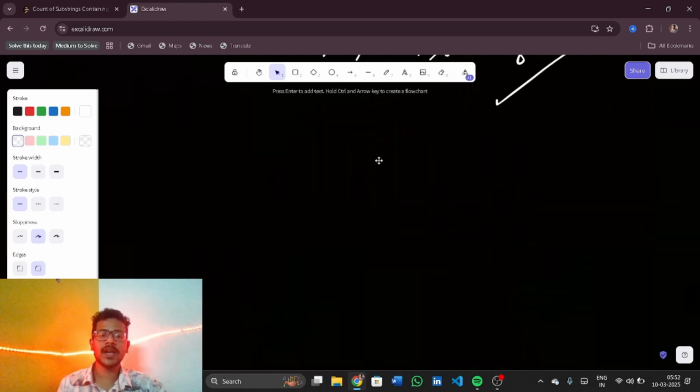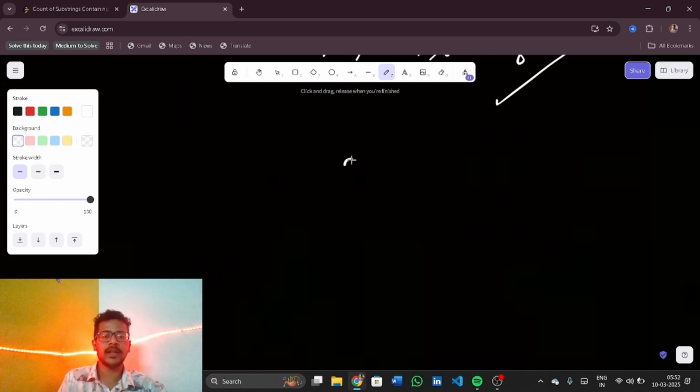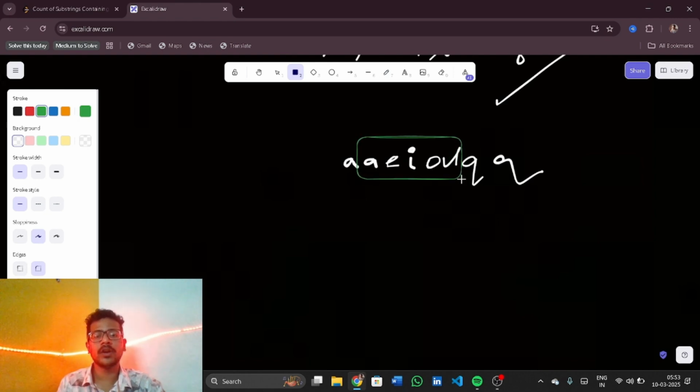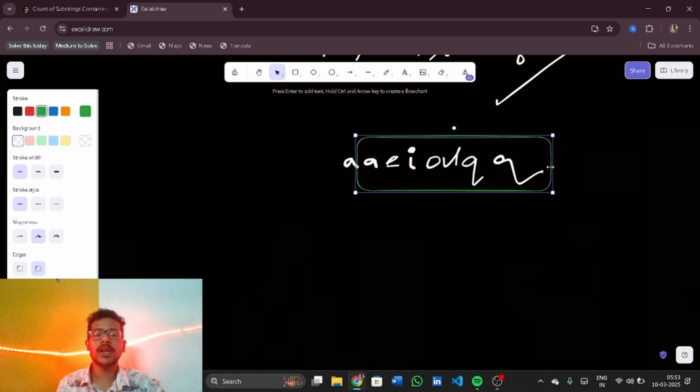But imagine I am having something like A, A, E, I, O, U, Q, Q. Now, what are the substrings that are valid? If my window size is just 5 plus k, 7, I am getting only one substring. But this is also another substring.